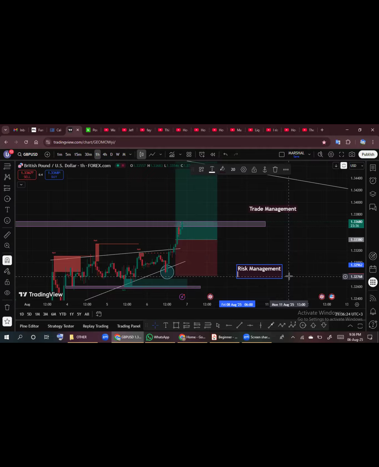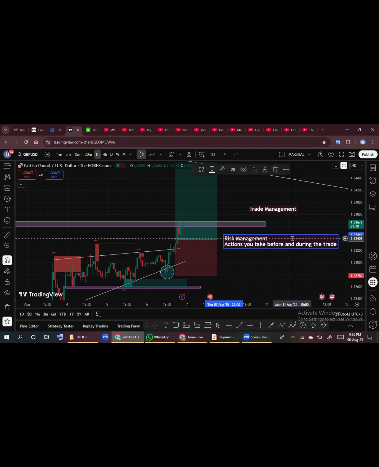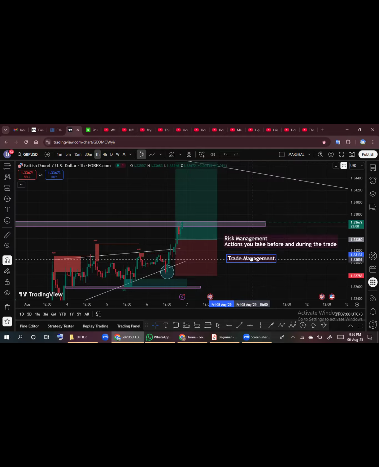Risk management covers this. So before the trade, you sit down to calculate your risks. Now, during the trade is actually what we call trade management under this risk management. So any action you take during a trade is called trade management.